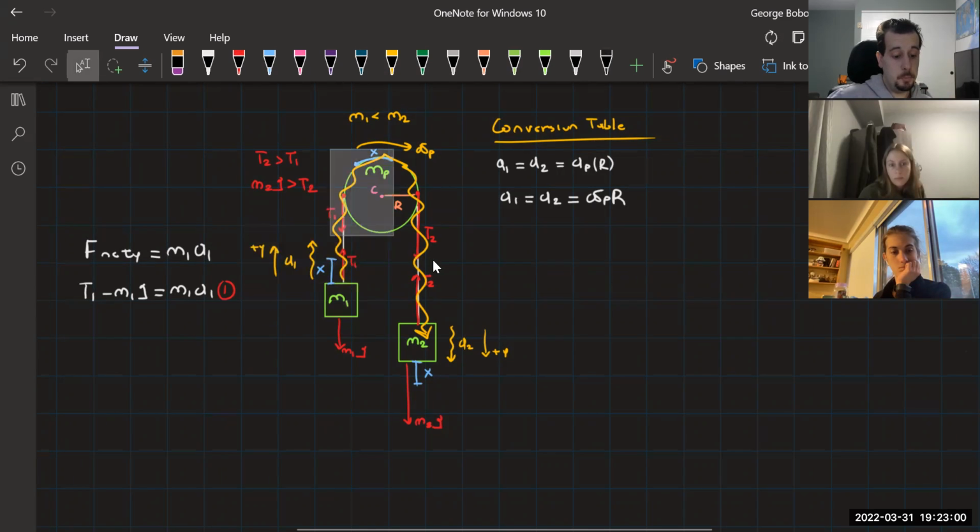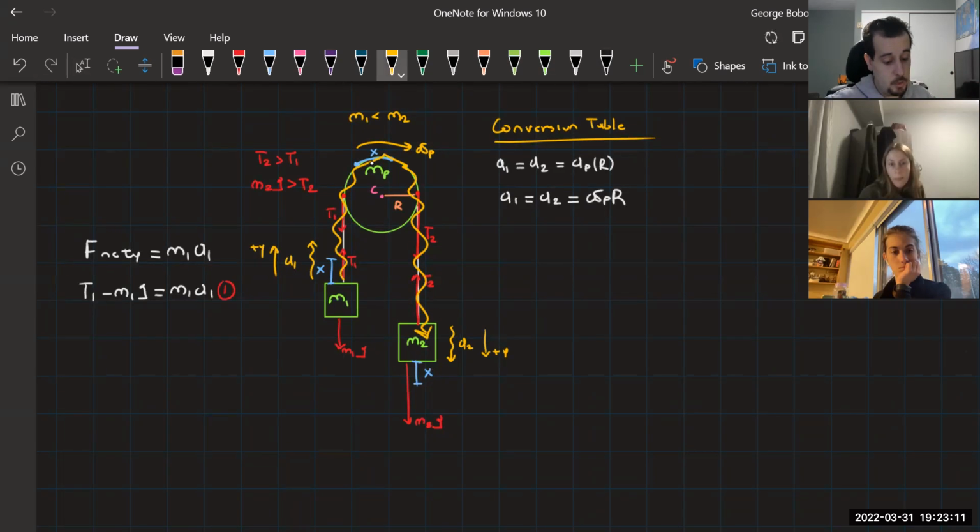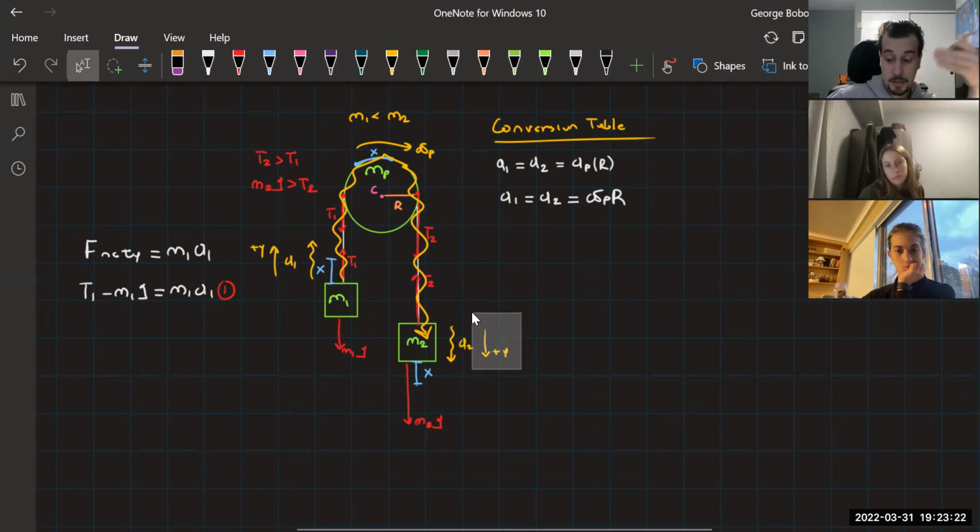You tell, for example, the pulley that the plus direction of its spinning is going to be in the clockwise direction. And then you tell the other mass that the positive direction of it moving is down. So once you set the plus on one guy, you've set the plus for the others because everybody is connected. You can't go and say right now suddenly that this is going to go up. That would break the connection between the three objects.